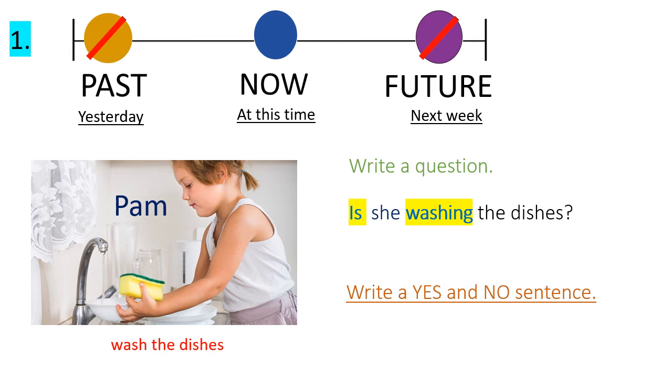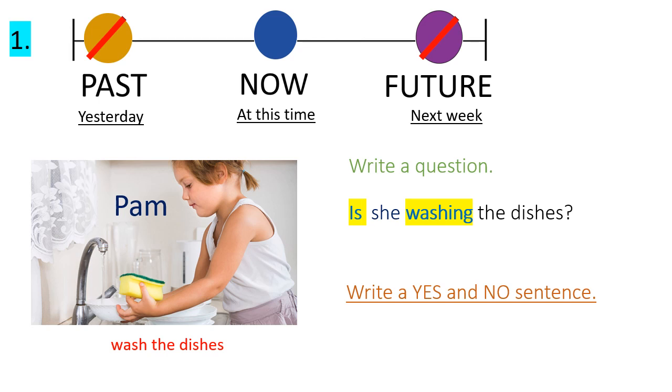My sentences will not talk about the past. I see a blue dot here, now, which we know means at this time. So whatever time this is, that is what we're talking about because we don't see a red line through it. And then the purple dot, the future, has a red line through it. So the only time we are talking about is now, at this time.